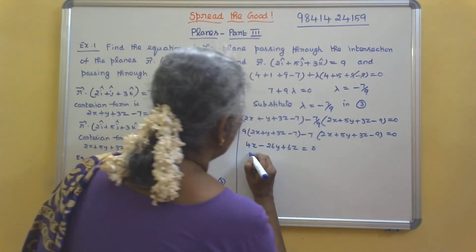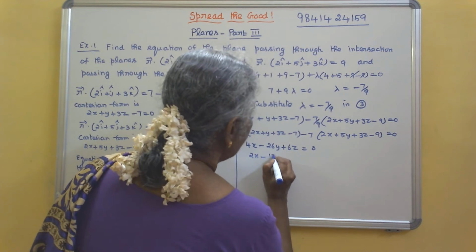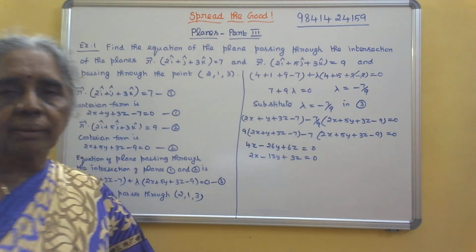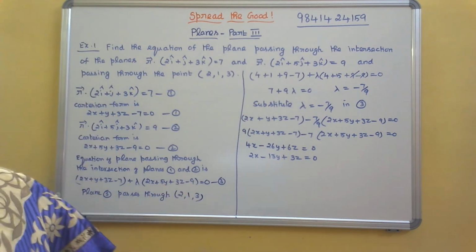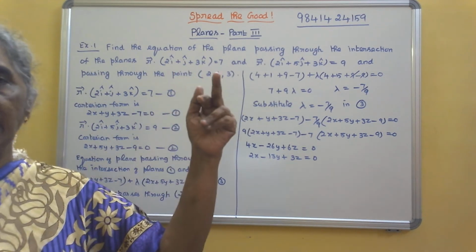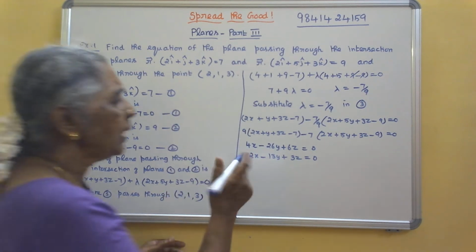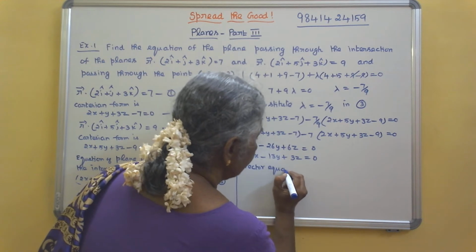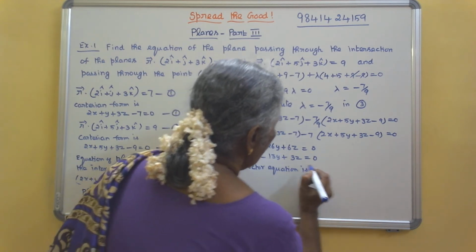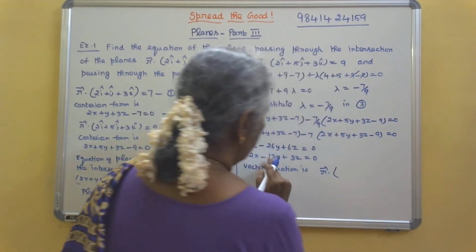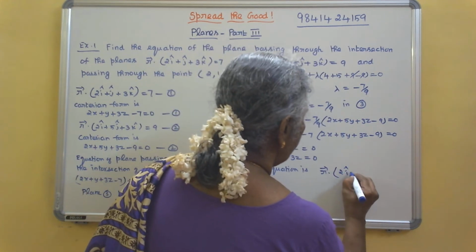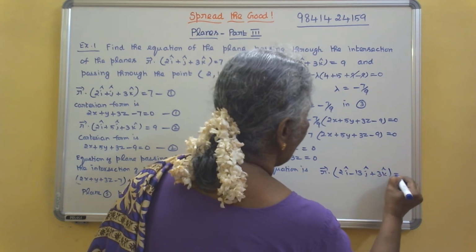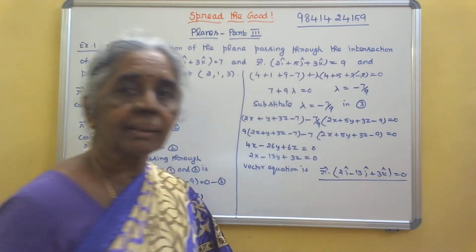Now divide by 2 throughout. 2x minus 13y plus 3z is equal to 0. But in the original sum, they have given the equation of the planes in vector form. So now let us write it. The vector equation is r vector dot (2i cap minus 13j cap plus 3k cap) is equal to 0. Is it clear?